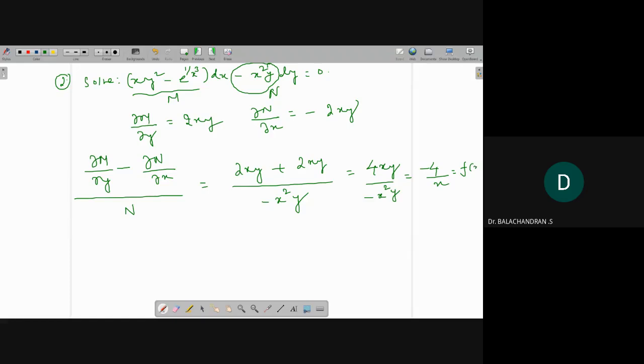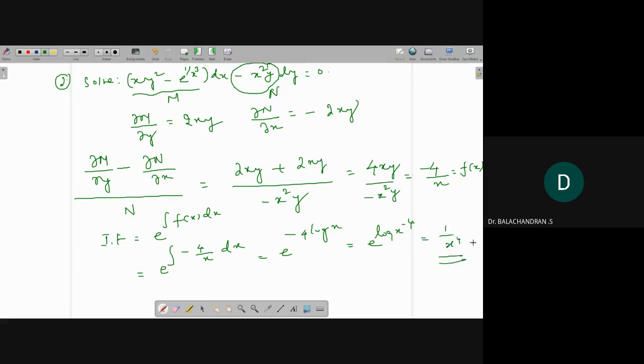Hence the integrating factor is equal to e power integral f of x dx. This is equal to e power integral of minus 4 by x dx, which is equal to e power minus 4 times log x, since integration of dx by x is log x. So e power log x power minus 4, which is 1 by x power 4.